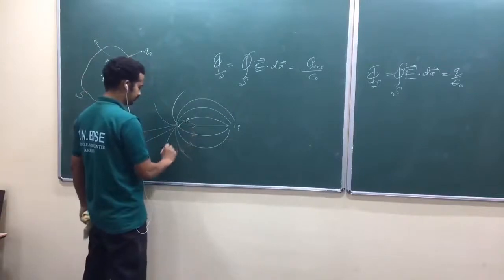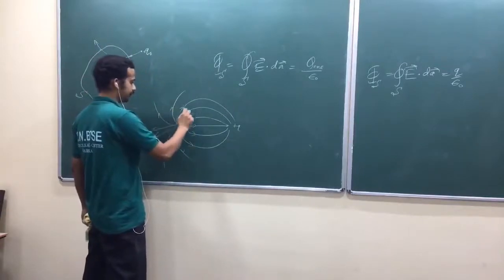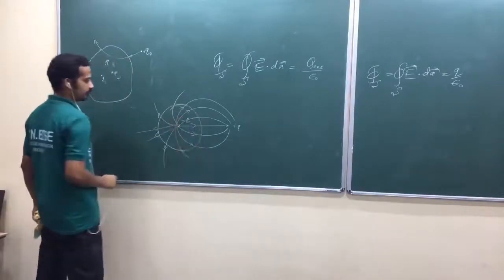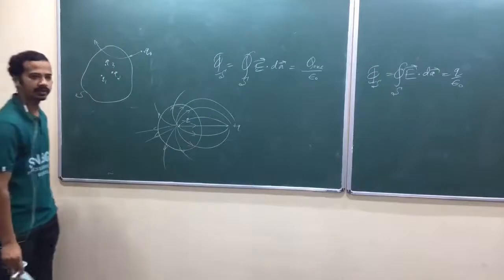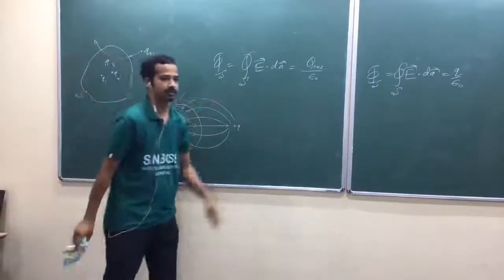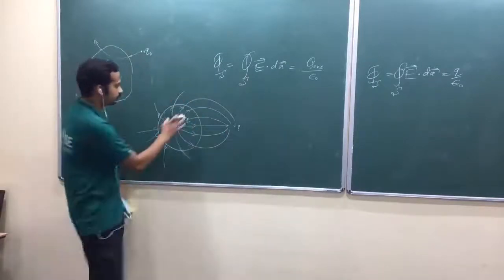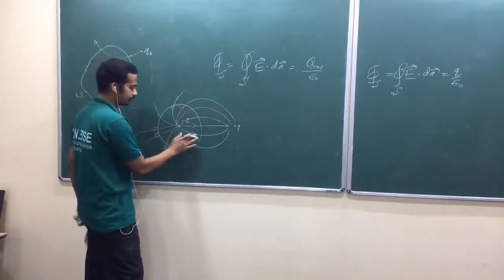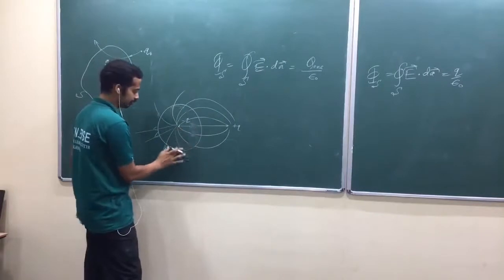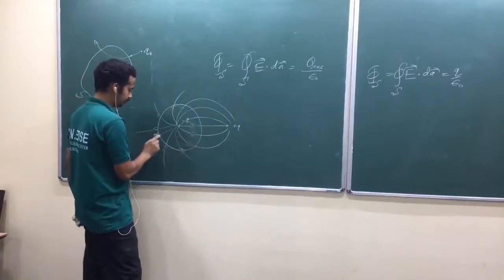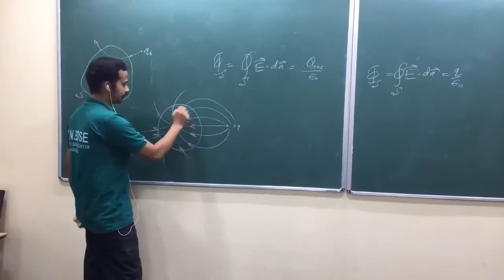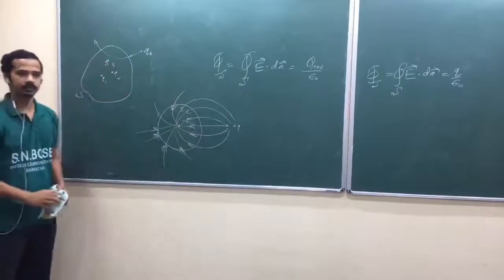So then also your flux is the same. That is equal to minus Q by epsilon. Wait a second, I made one mistake. What is that? Inward. So from positive to negative. Am I right? From positive to negative. Isn't it? Then also it is the same.